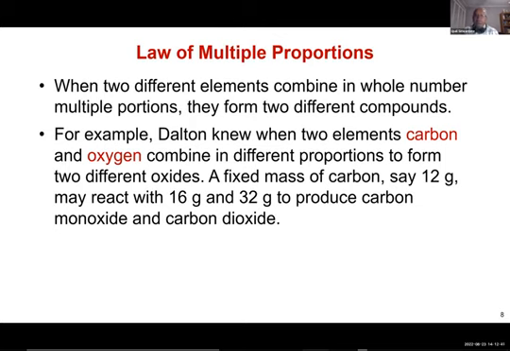The simple ratio of the second element between the first compound, CO, and CO2 is 1 to 2. 16 divided by 16 is 1, 32 divided by 16 is 2. 1 to 2.